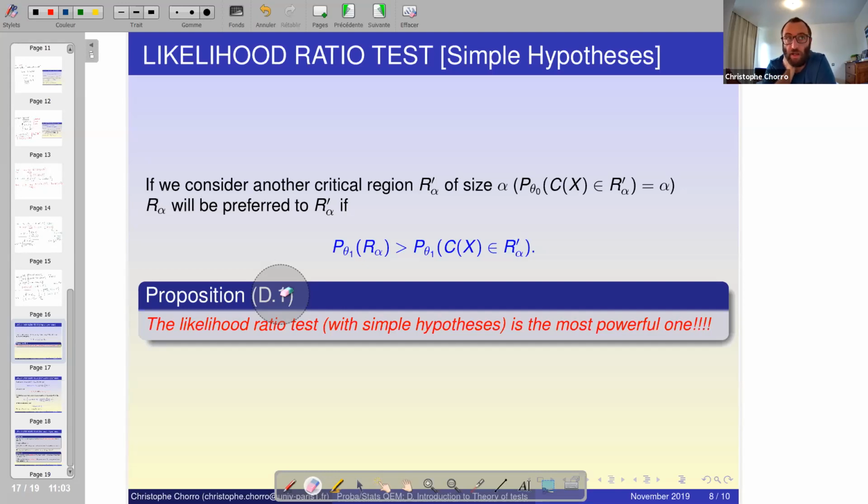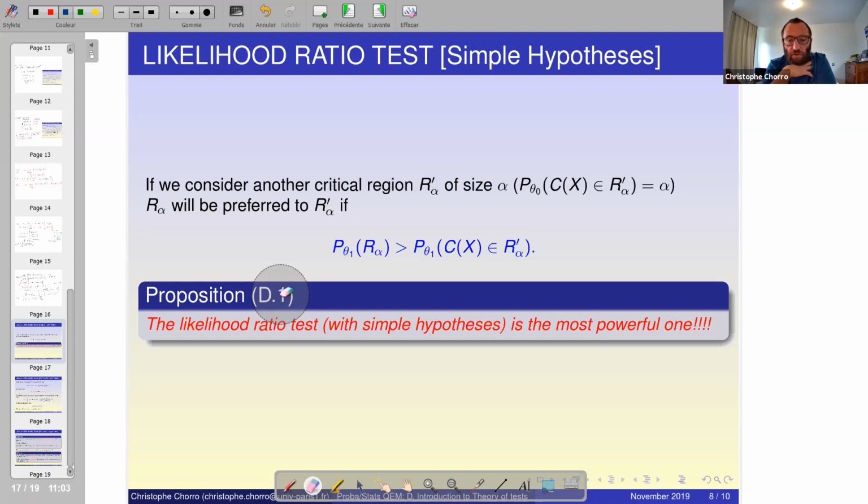In particular, if I want to compare two unbiased estimators, it is sufficient to compare their variances. The question here is how to compare tests, for the same set of hypotheses for sure.